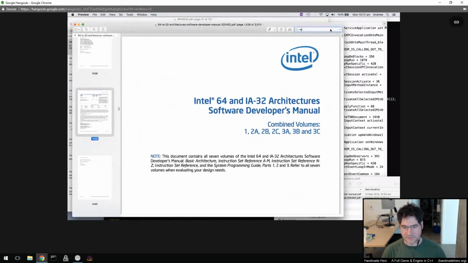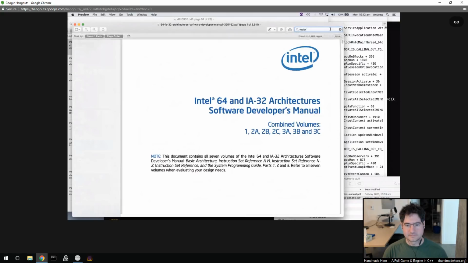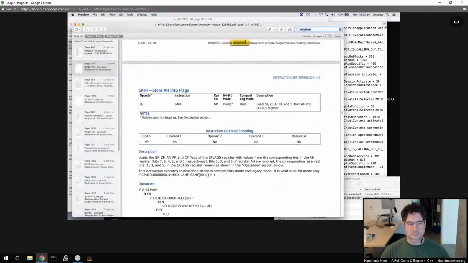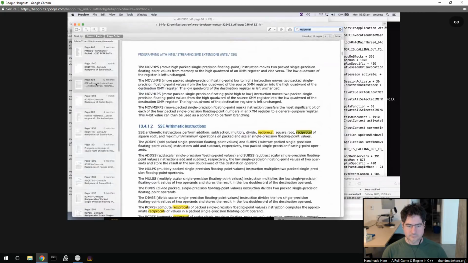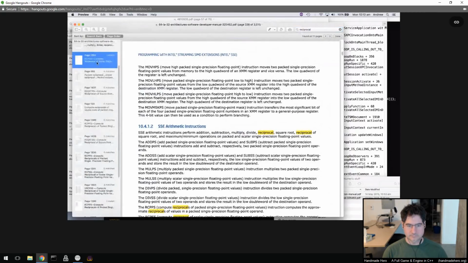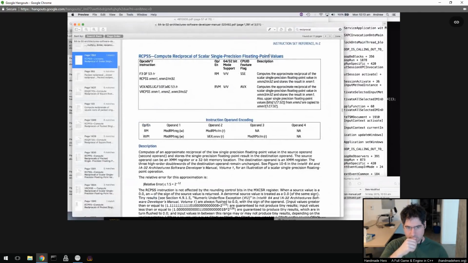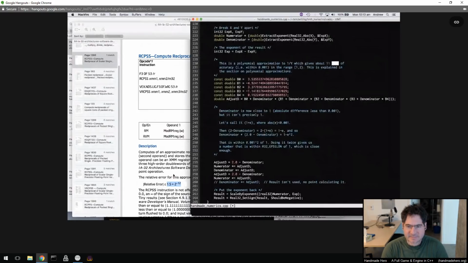If you search for reciprocal, what you find is there is an instruction called compute reciprocal of scalar single precision floating values, which is a slight lie. It isn't the reciprocal of a certain value. What it is, is an approximate reciprocal, which is good to around 1.5 times 10 to the minus 12. So no, I did not pick this 11 bits at random. This is what this instruction gives.